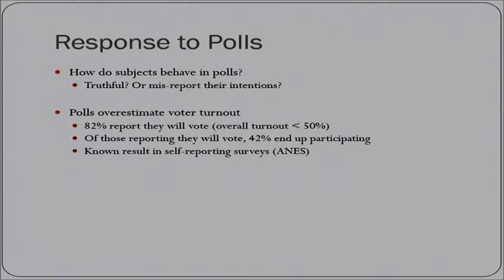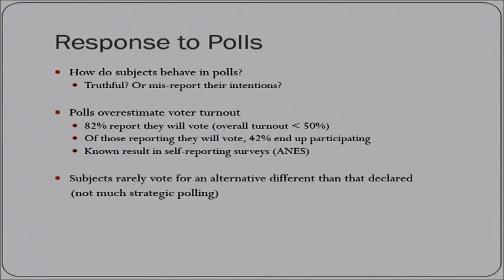And this has been observed. The suggestion that people overreport their participation has been observed, at least in the U.S., using the American National Election Study that tracks people over time. Subjects rarely vote for an alternative different than that declared. So there's not much strategic polling in the sense of lying about what you'll vote for.